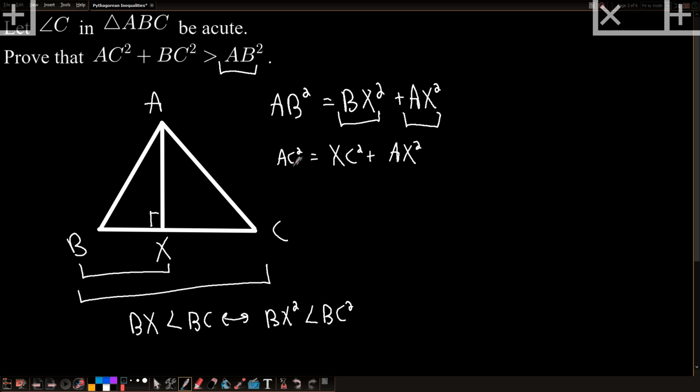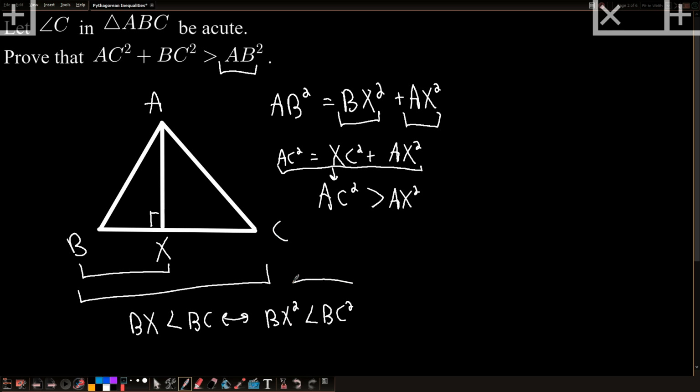What this implies is that XC has to be some positive value because it's a length of a triangle, so this cannot be 0, obviously. So AC squared is strictly greater than AX squared. That's what this is all implying here.